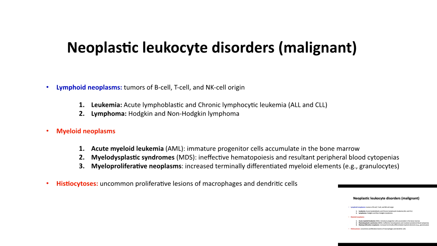And in terms of the malignancies, we will look at some of the more common malignancies. These include tumors arising from the lymphoid lineage or from the myeloid lineage, and there is also the histiocytosis.